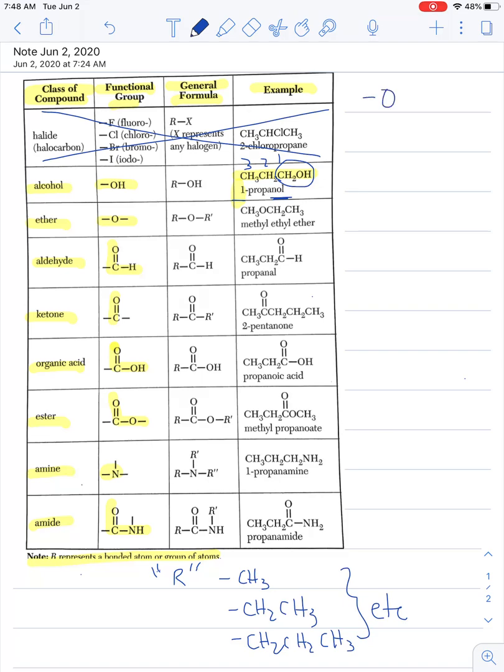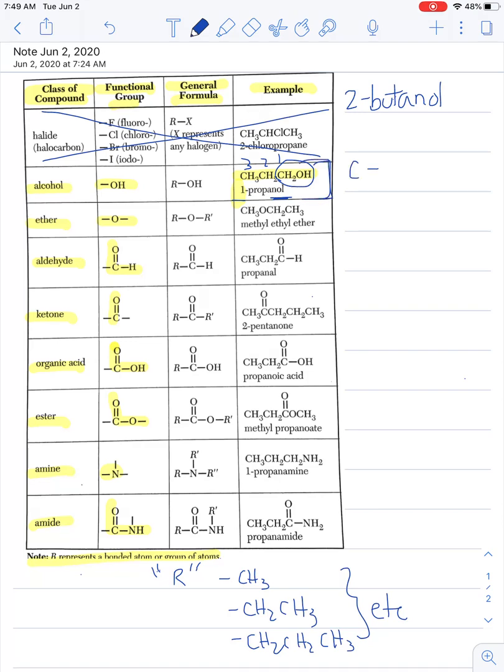So if it ends in an OL, that means it's an alcohol, like ethanol, propanol, 2-butanol, and so forth. Let me just give you an example. If I was going to draw the structure of 2-butanol, I'm going to write out the structural formula, not the condensed. They do the condensed formula here because they don't have a lot of room, right?